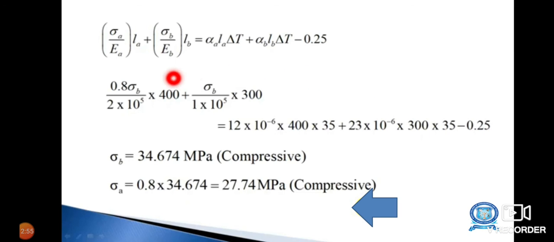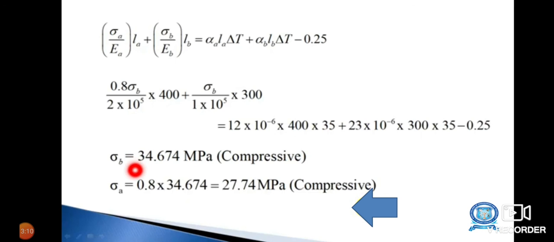So we calculate the stress on B section. Stress on B section is equal to 34.674 megapascal, that is compressive stress.